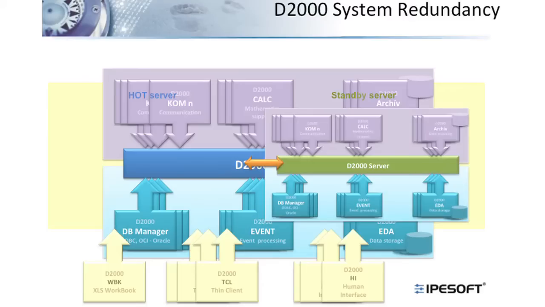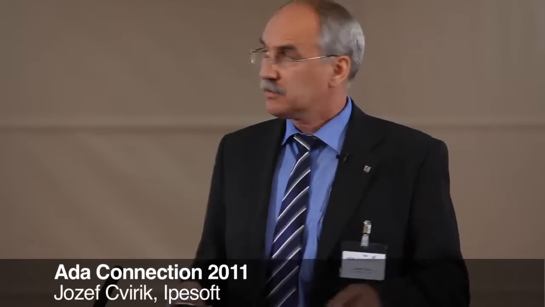There were no changes. We added a couple of communication servers, or 1 or 2 processors into the existing servers. And we can do this on the fly. There is no problem with real-time reconfiguration of the application without the necessity to restart the whole system. So it's pretty sophisticated stuff.